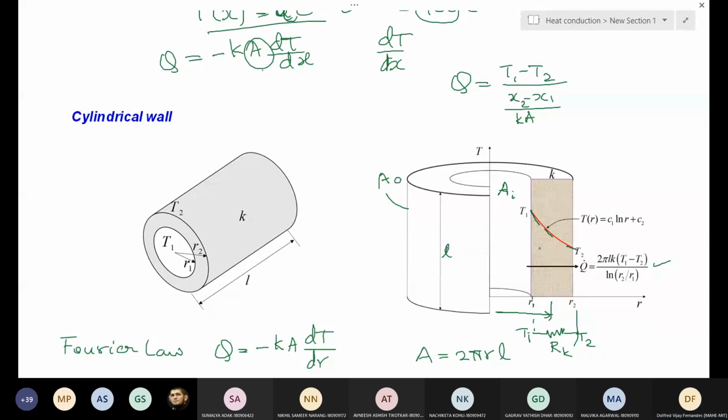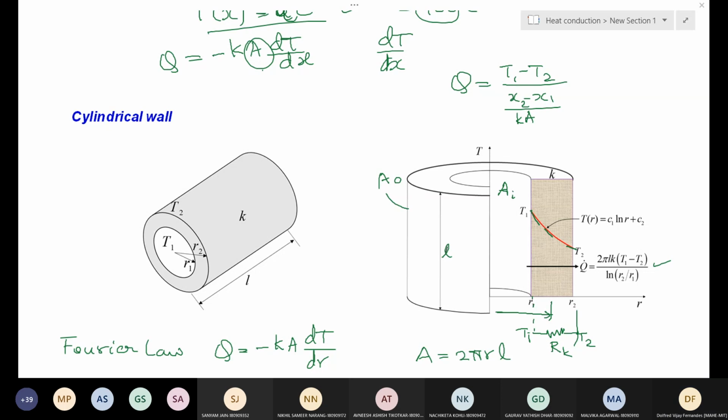Difficult? So can you repeat the question? Yes, the material of the wall for cylindrical and planar is the same. K is the same, okay? Now thickness R2 minus R1 is the same as X2 minus X1.